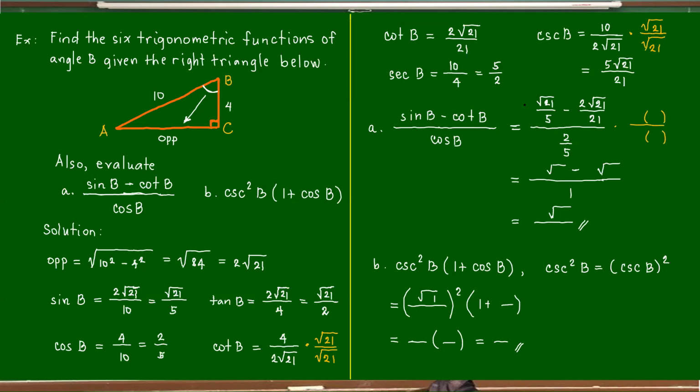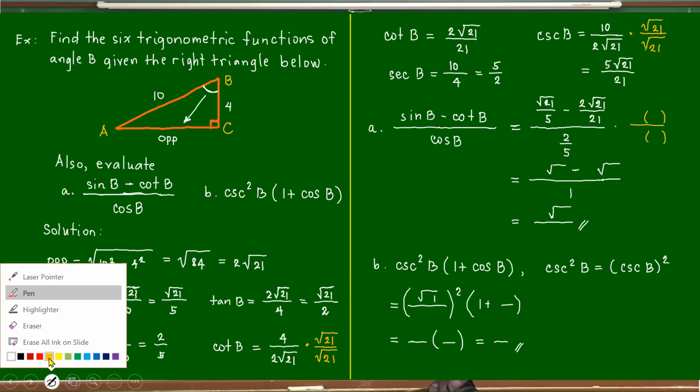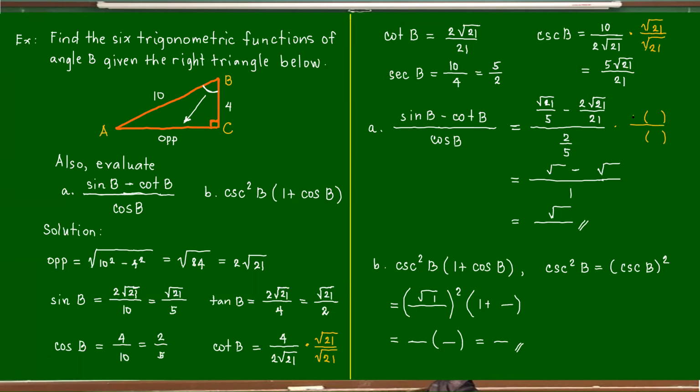Now, to simplify this complex fraction, we need to multiply both the numerator and denominator by what? By the LCD of all the fractions involved. So what is the LCD of 5, 21, and 5? That is 5 times 21, right? So we multiply both the numerator and denominator by 5 times 21.